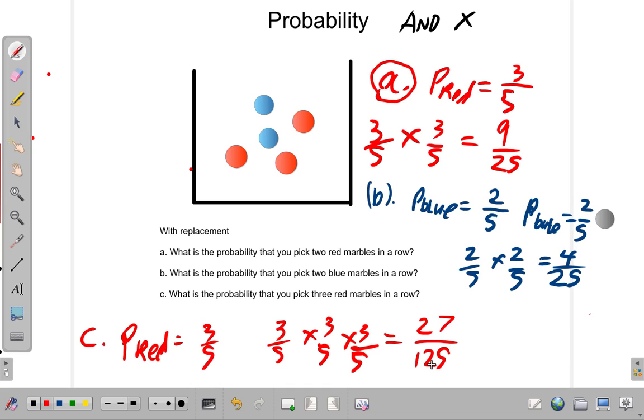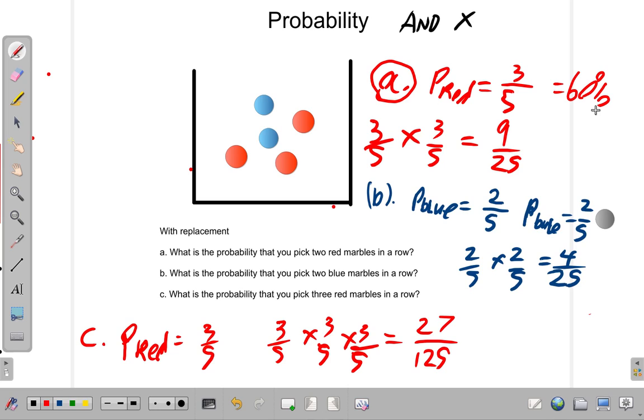Now you can see here that the probability that you keep picking the same color keeps decreasing over time. For example, the probability that you pick a red first is 3/5, which is 60%.